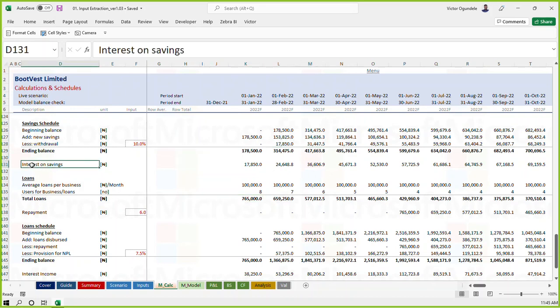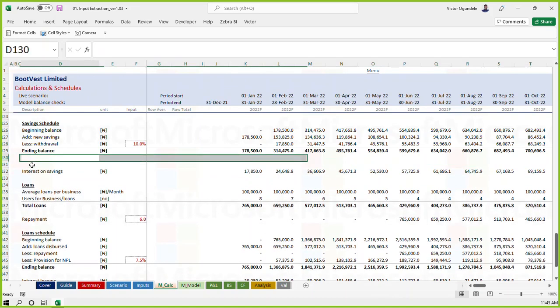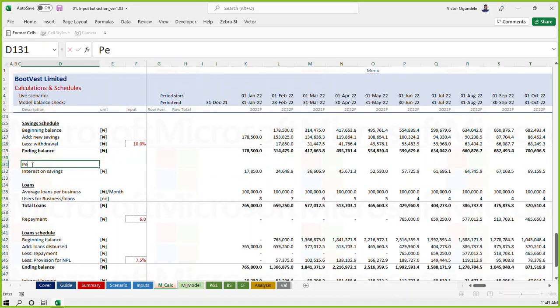So in fact, before we go far, let's look at percent of withdrawal to savings, because I think that will also give us some guidance. So we're saying equal to current withdrawal divided by previous year's ending balance.